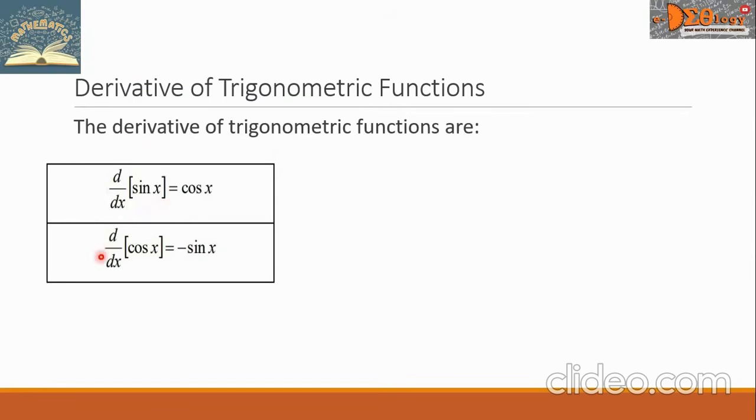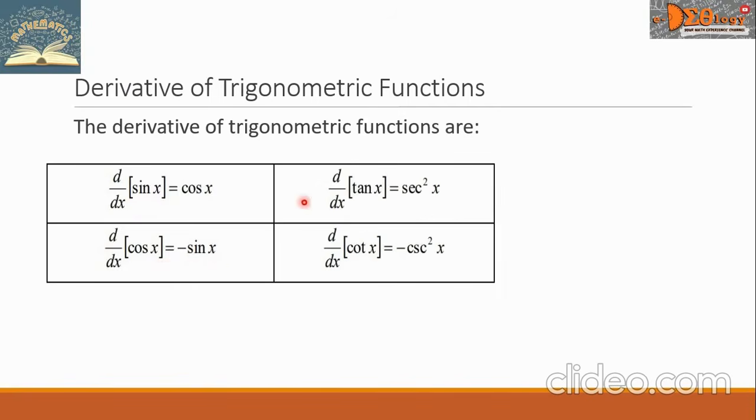Second, d over dx of cosine x equals negative sine x. The second two are d over dx of tangent x equals secant squared x. The fourth one, d over dx of cotangent x equals negative cosecant squared x.